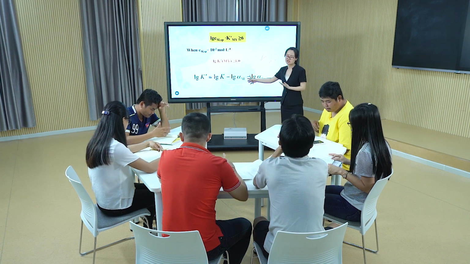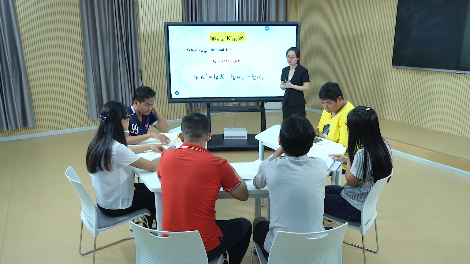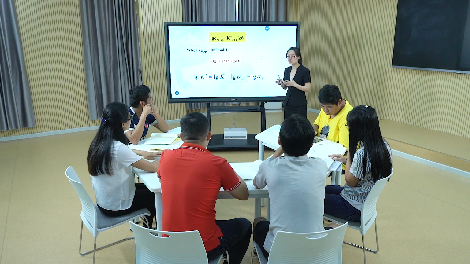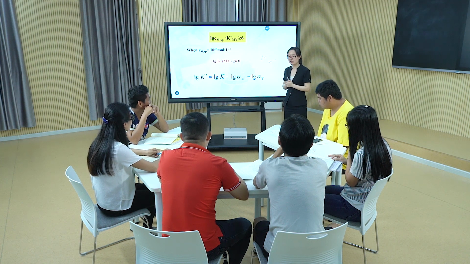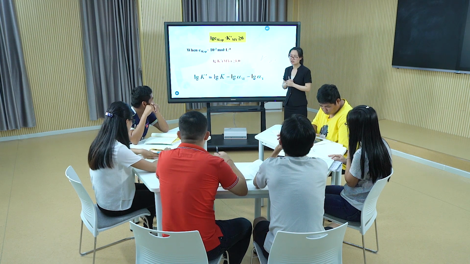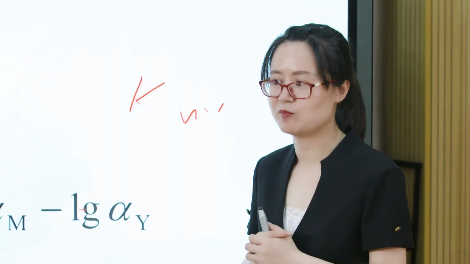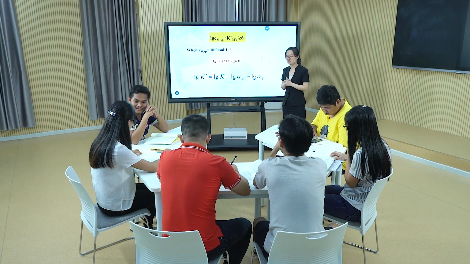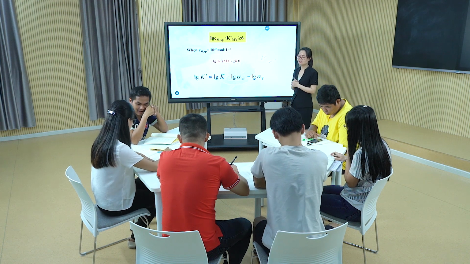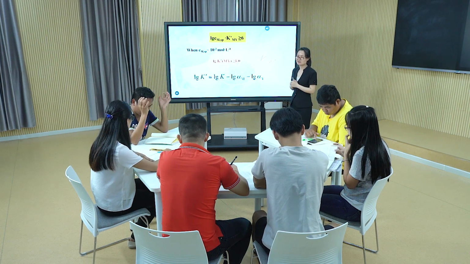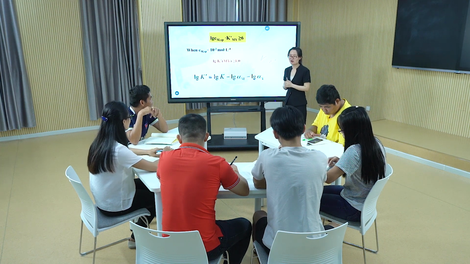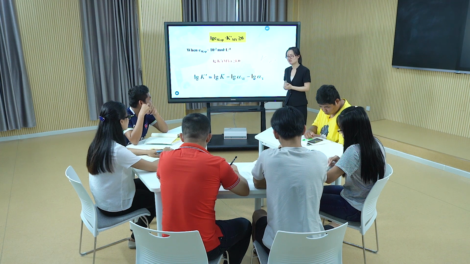But for side reactions of M, not only complexation, it also has hydrolysis, right? If you combine these two together, we call them the hydrolysis effect and complexation effect coefficients. What is the name?